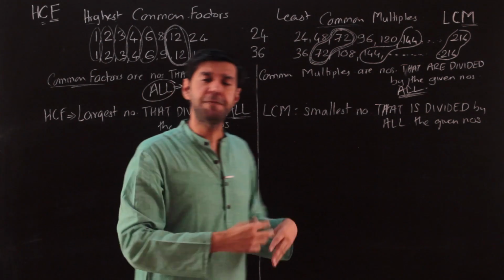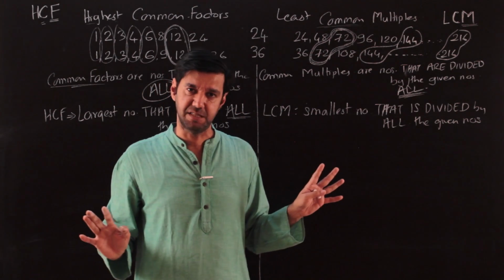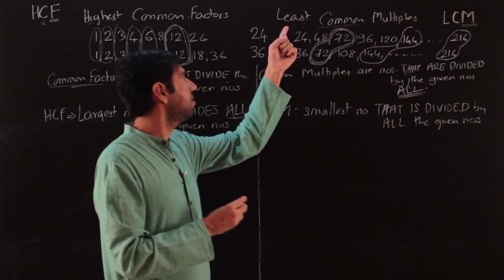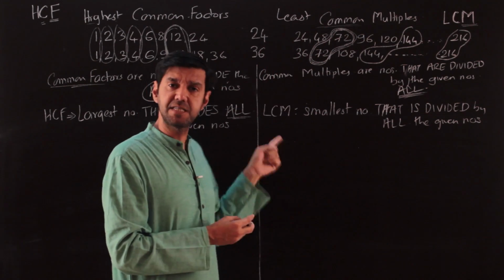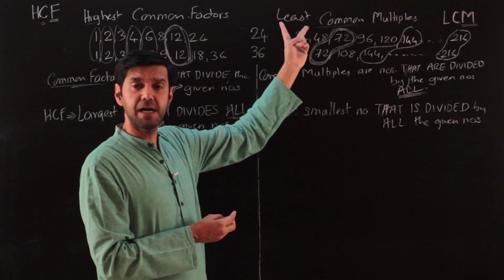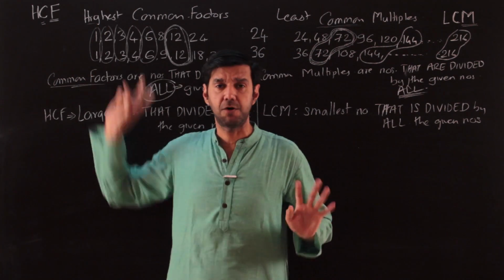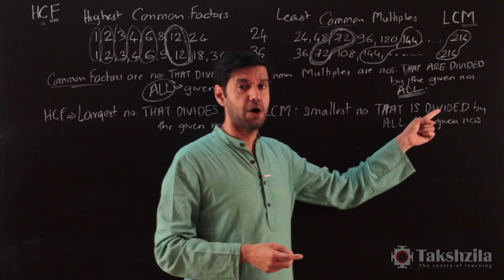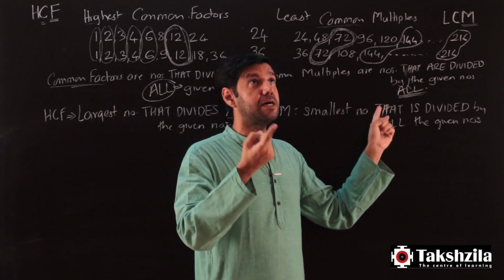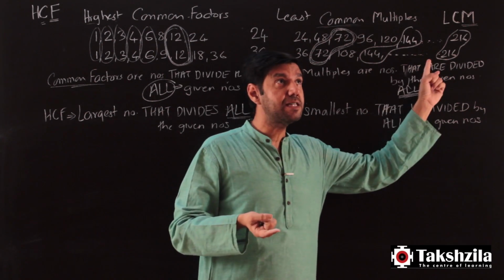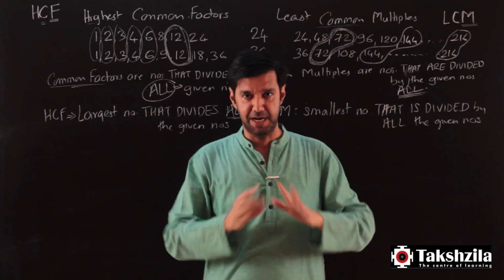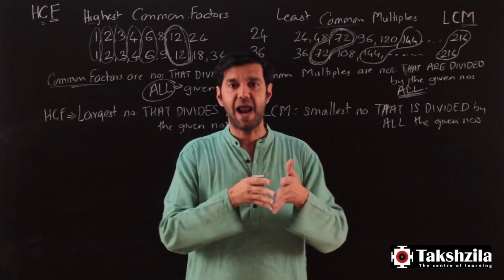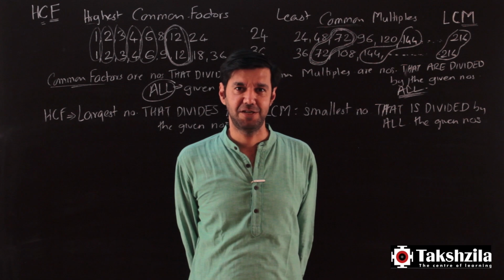A common multiple is enough to get rid of fractions. So don't waste your time on the word least. Even in the applications that we see, I will be playing around with this word least and highest. So that is not what your focus should be. Your focus should be on: is the number that I'm searching for divided by the given numbers, or does it divide the given numbers? So let's see the language of a few application oriented questions.